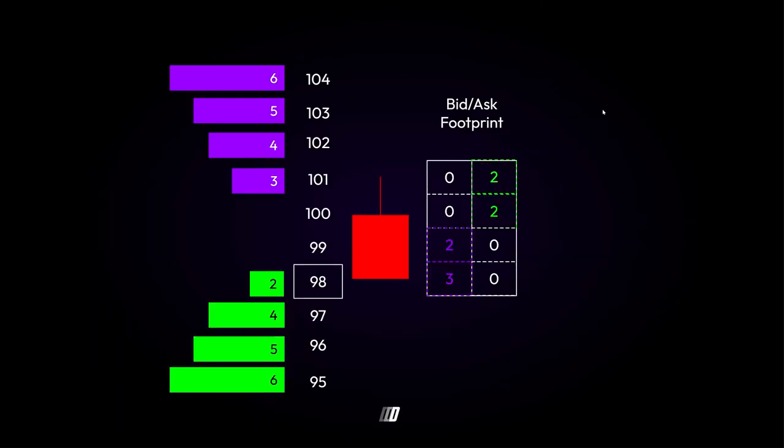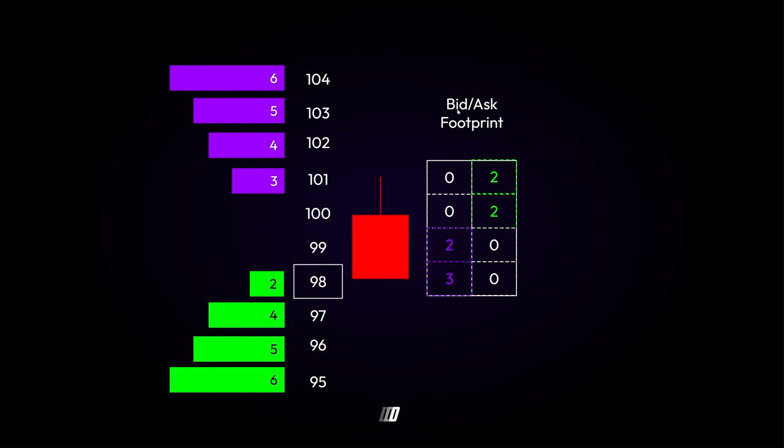So this is what we call a footprint chart, or a bid-ask footprint chart. It basically summarizes for us what happened during the auction, what caused price to move, what are the orders that pushed the market in a specific direction, how many were they, both from the aggressive side and the passive side, because if there were three contracts sold, they were aggressively selling and passively buying at the same time.